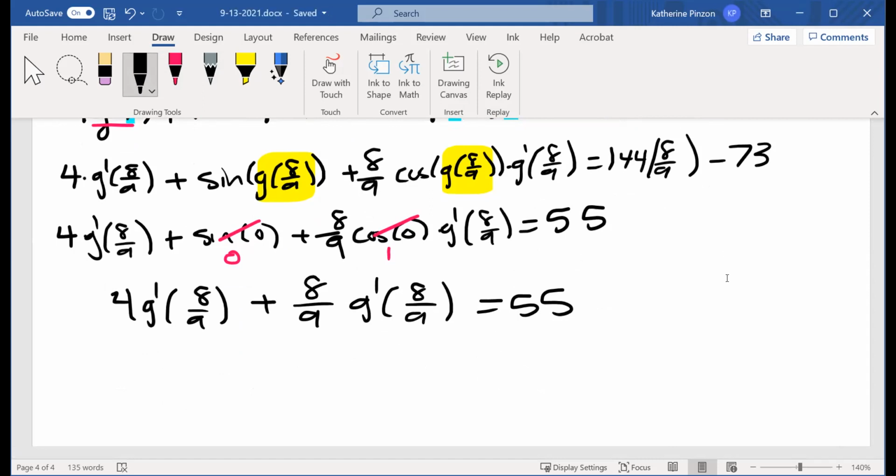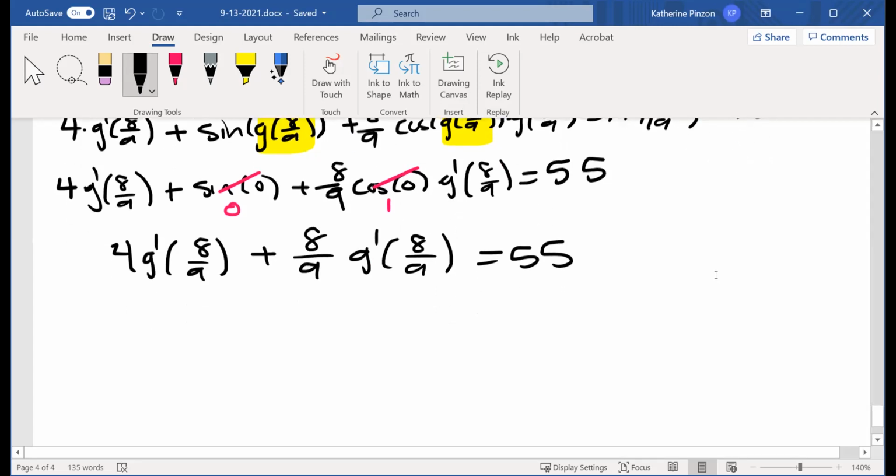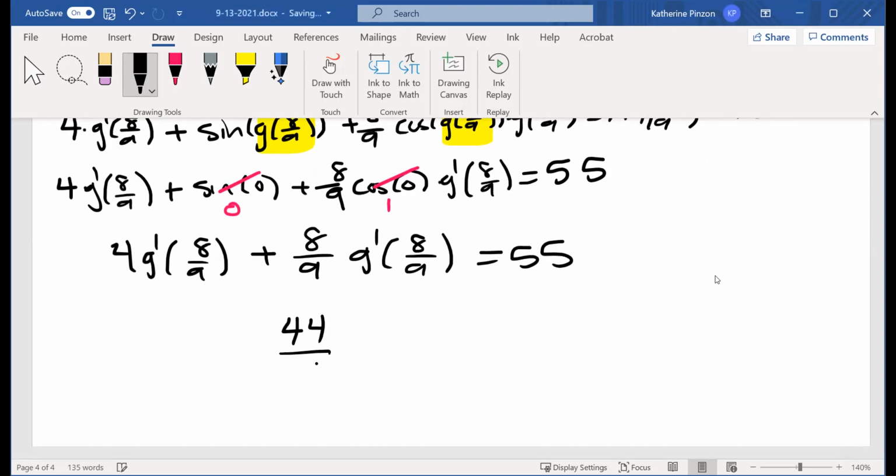Are these two terms alike? Would you call these like terms? Can you combine them together? Yeah, because they both have exactly the same thing, g prime of 8/9. So we have 4 g primes plus 8/9 g primes. To calculate how many I have total, I'm going to do 4 plus 8/9. That's going to tell me how many g primes I have. So 4 plus 8/9 makes 44/9 g primes of 8/9 equals 55.